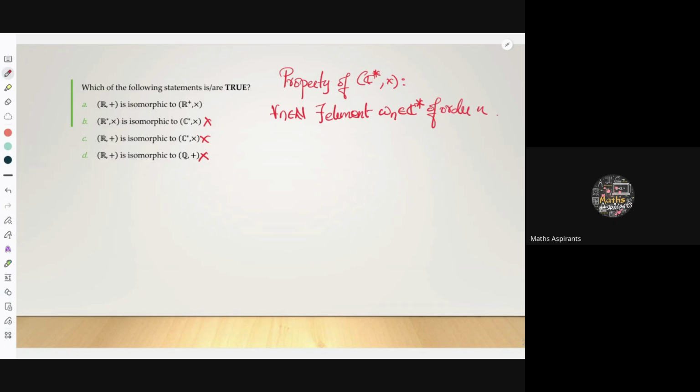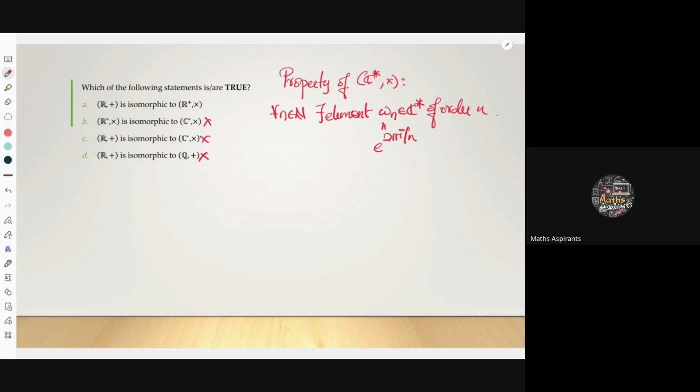And that's basically primitive roots of unity. Right. And this is precisely e power 2 pi i by n, which is basically one of the primitive nth roots of unity.